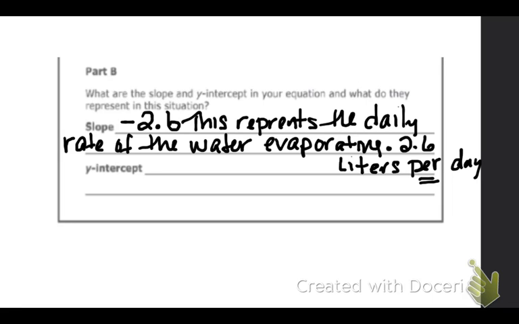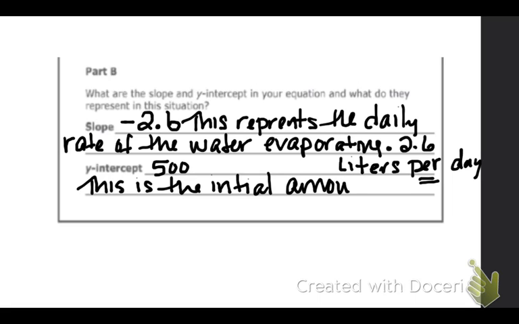Our y-intercept, again, is just a number, and it's 500. And this is the initial amount of water, I'm going to put liters.